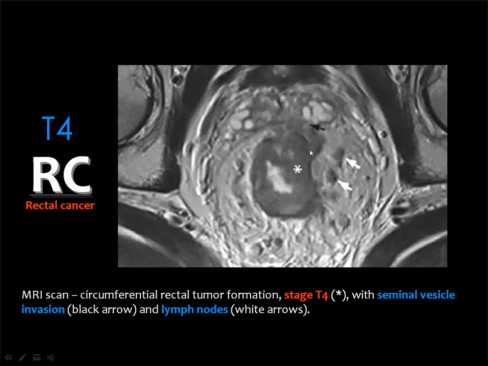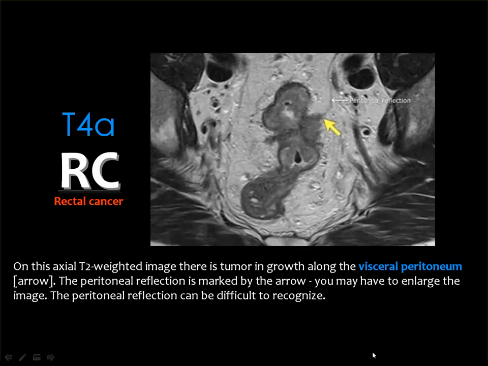Then you see here that there is total obliteration of the mesorectal fat, many mesorectal lymph nodes, and obliteration of the high signal within the seminal vesicle in this particular area, denoting invasion. And in this case, you have invasion of the perirectal fat as well as the peritoneum. Why do you see the peritoneum here?